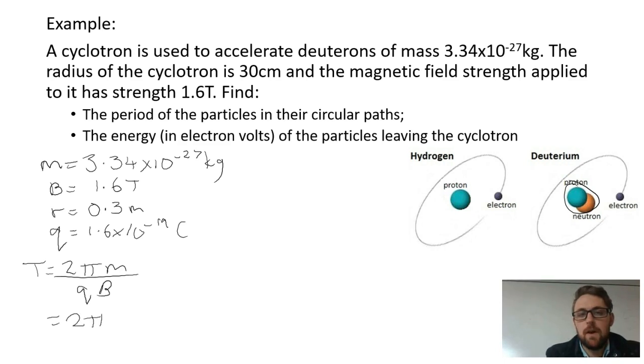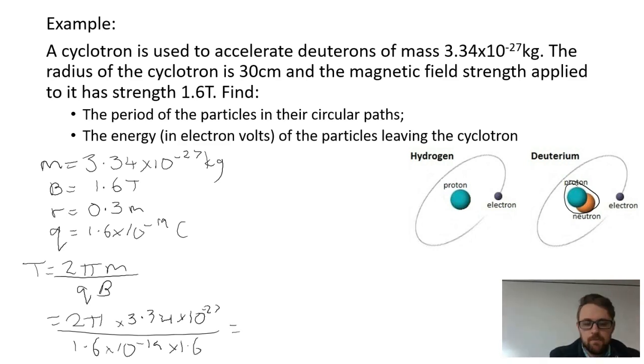Substitute that in, we've got 2 pi times 3.34 times 10 to the negative 27, divided by 1.6 times 10 to the negative 19 times 1.6 teslas. If we put that into our calculator, that gives us 8.20 by 10 to the negative 8 seconds for it to complete a period in the circular path.